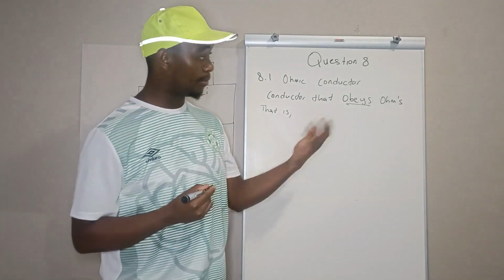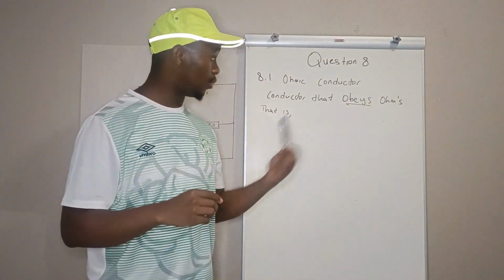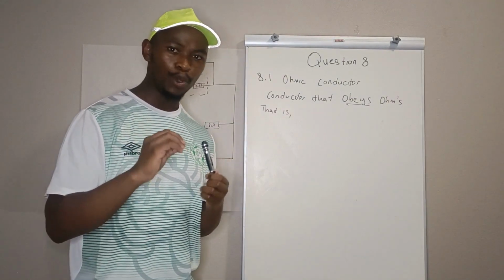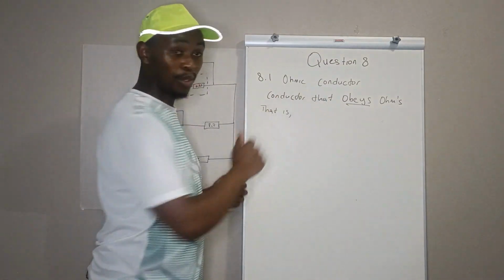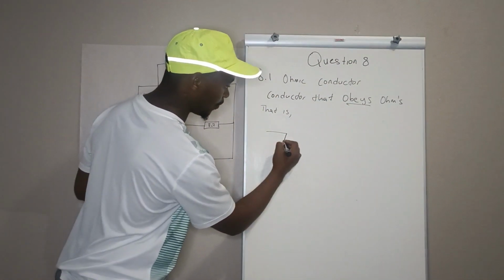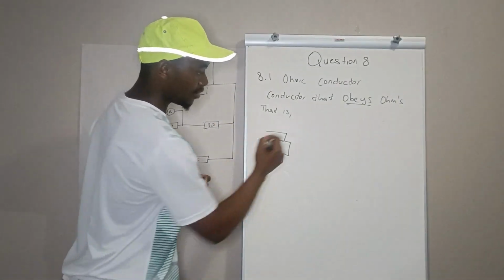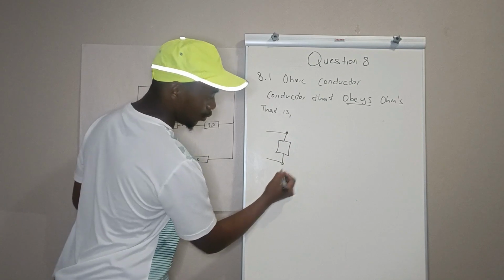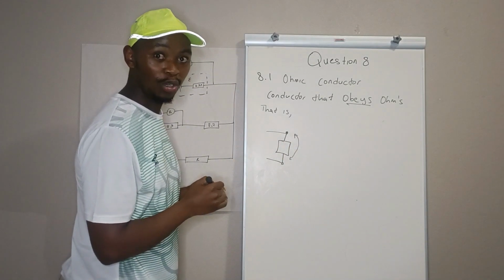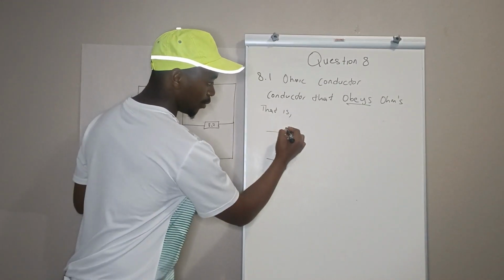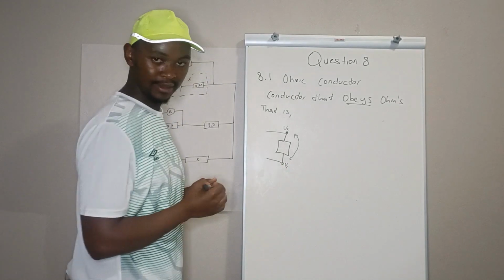Because you ask yourself, what do I mean by that? It obeys Ohm's law. What is Ohm's law? Ohm's law means that, or when you say it obeys Ohm's law, it means that the potential difference across this conductor, ohmic conductor, if this is the conductor, the potential difference means there's a voltage here, there's a voltage here, there's a voltage drop here across this resistor, and we call that a potential difference because there's a potential here which is V2, then there's a potential here which is V1.